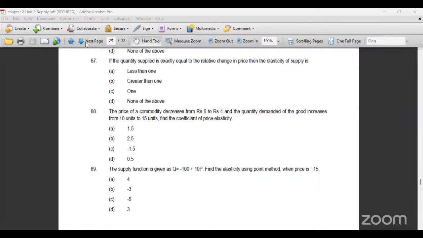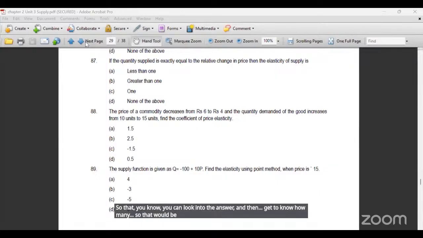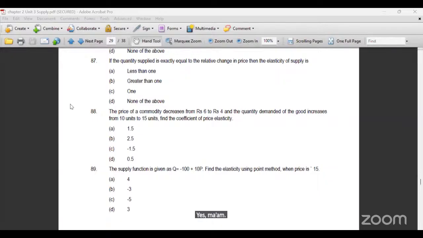Shall we stop at 90? Yes, ma'am. So that you can look into the answers and get to know how many. So that would be 40 questions, right? Yes, ma'am. Fair enough.